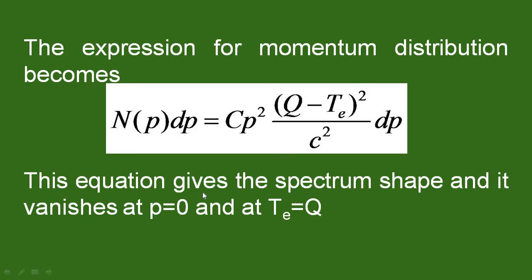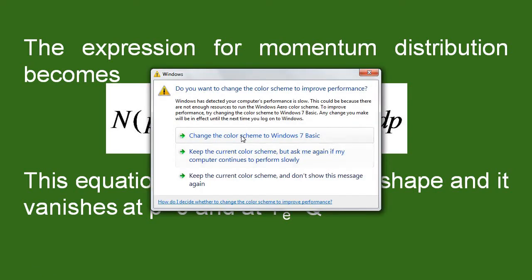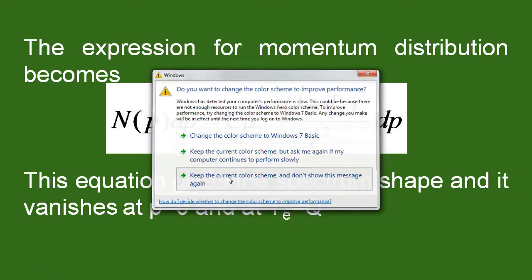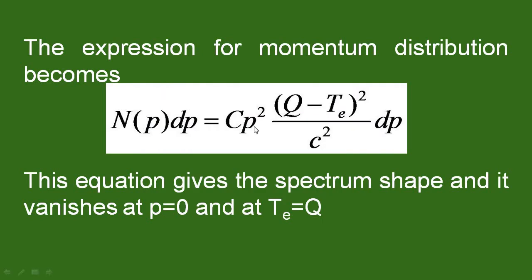And this equation gives a spectrum shape and it vanishes at p equal to 0 and also Te equal to Q. Here Te is the kinetic energy of electrons, Q is the total energy of the reaction, and p is the momentum of electrons.